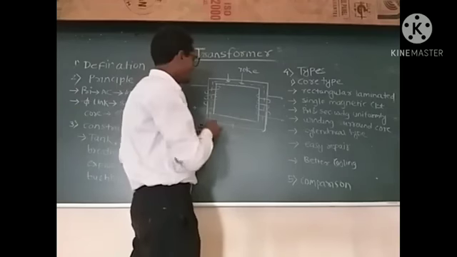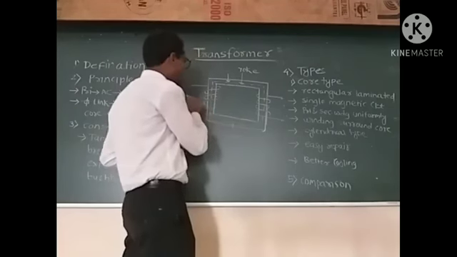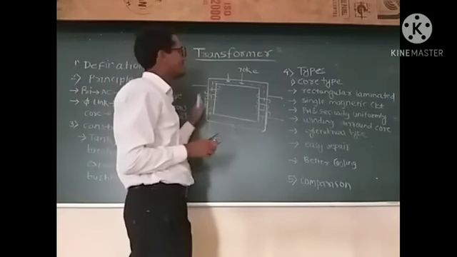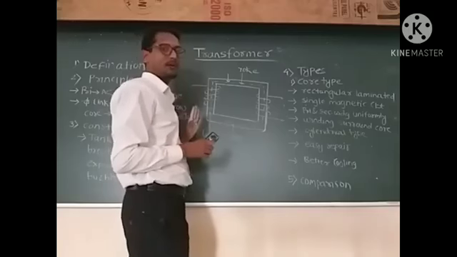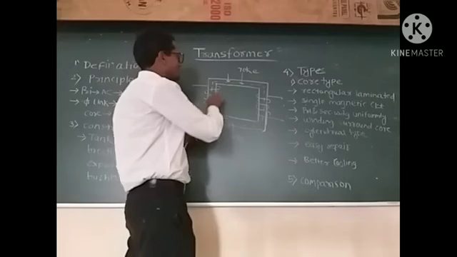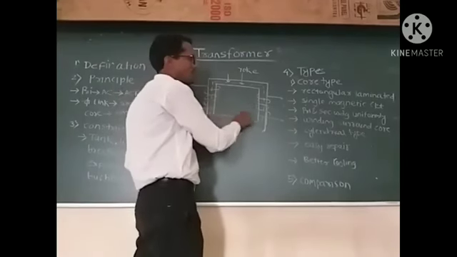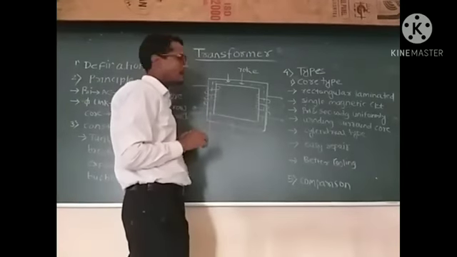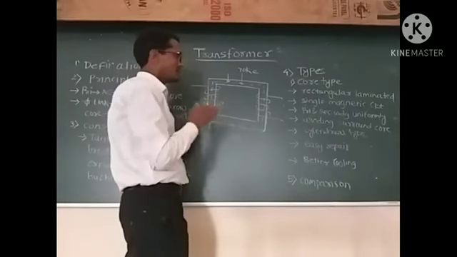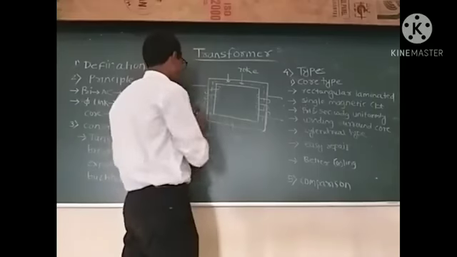Then, the windings are outside the core, so natural cooling is very effective in the case of the core type of transformer. The core shape is like a rectangular type. This is the core type of transformer. After that, we have to discuss the shell type of transformer.